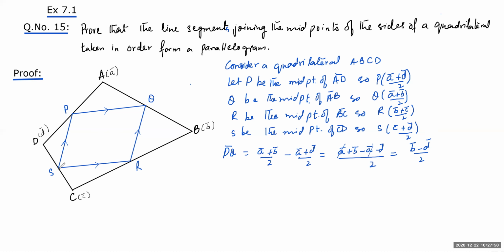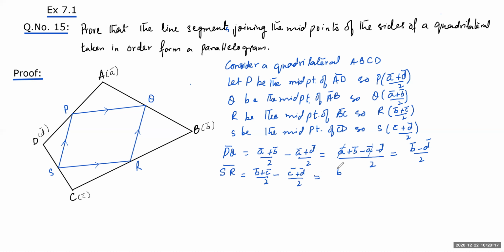Let's find the vector SR, simply the vector SR. Vector SR becomes the position vector of R minus position vector of S. Position vector of R is b plus c by 2. Position vector of S is c plus d by 2.